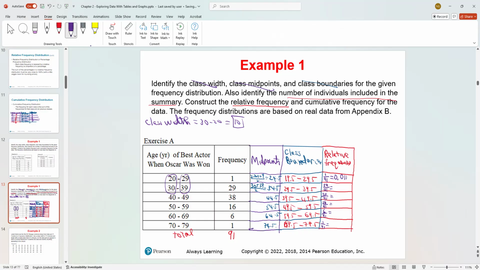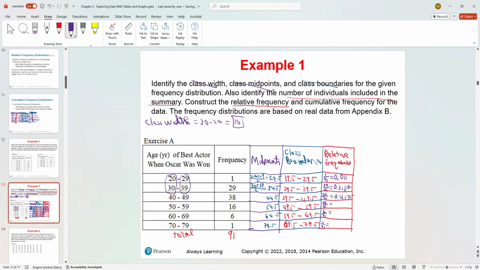If you do 29 divided by 91, it would give you 0.318687. For 38, you take each frequency and divide by the total, it gives you 0.4175.